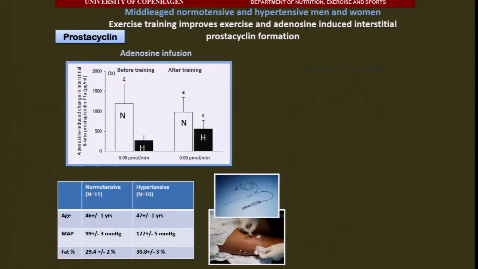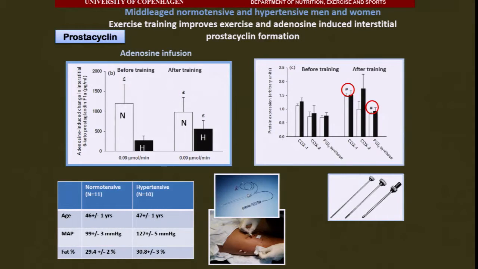And we're looking at the prostacyclin response. You see first that the normotensives clearly have a better response to adenosine. They produce more prostacyclin than hypertensives. And then after training, we see that the hypertensives at least can improve the formation of prostacyclin. So we can improve the formation.